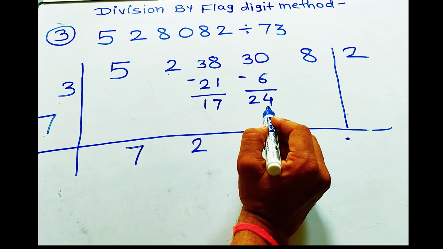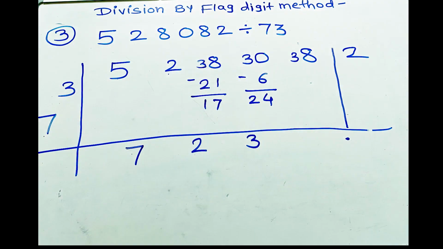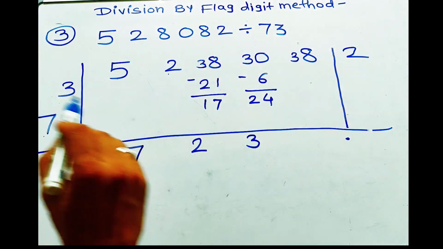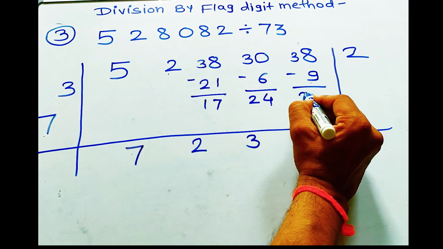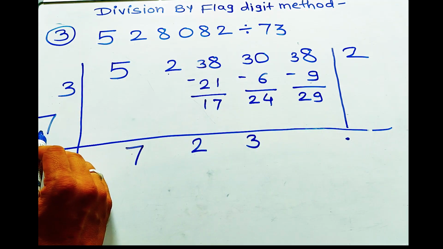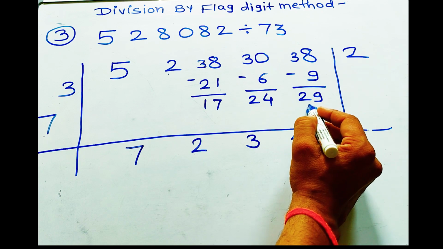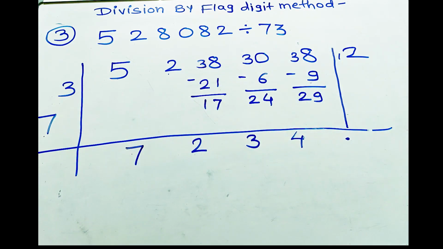24 minus 21 is 3, we carry 3 here, it becomes 38. Again 3 multiplied with 3 is 9. So 38 minus 9 is 29. This 29 divided by 7, 7 4s are 28. 29 minus 28 is 1. So 1 2, 12.